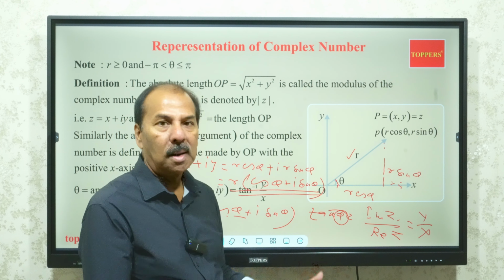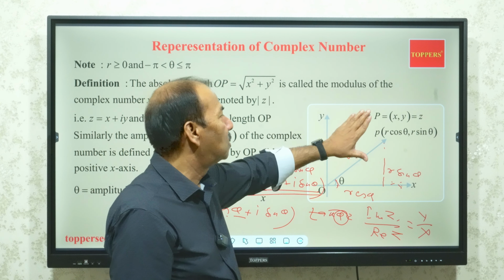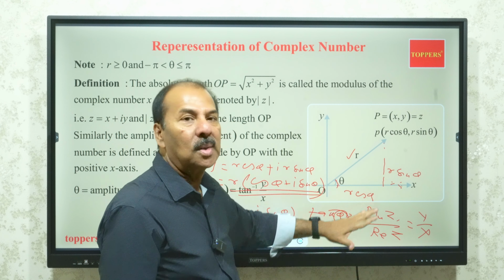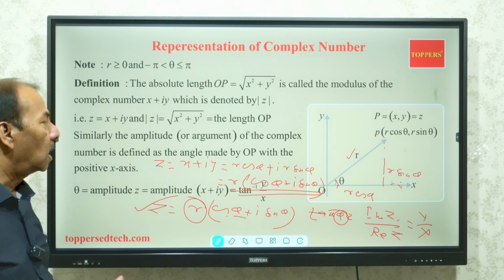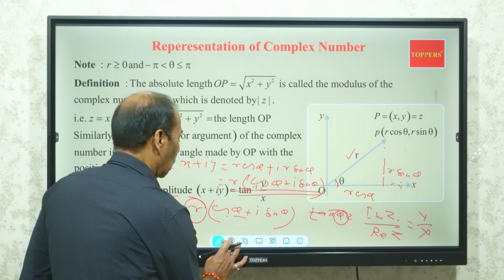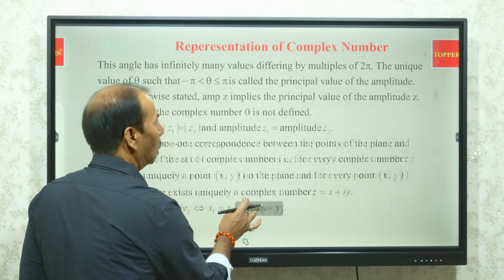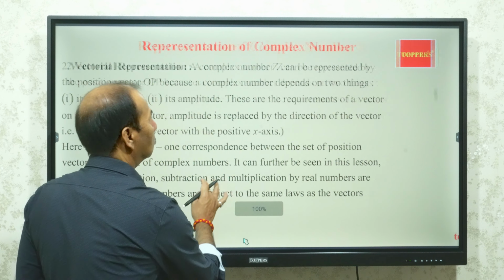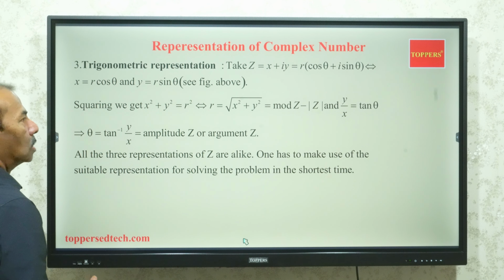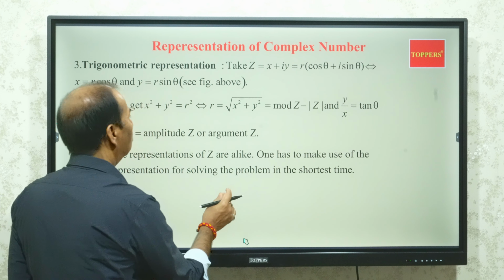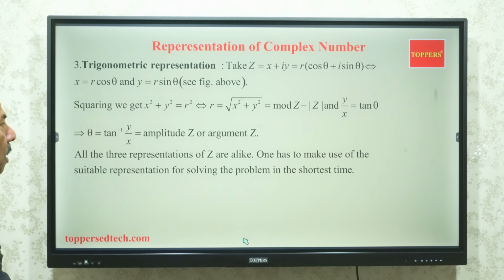We will be discussing that when we start simplifying questions, like suppose z is in this quadrant or this, accordingly what will be the value of the amplitude or argument of that complex number. So you can see here, the magnitude x square plus y square is r square, that we have just discussed.